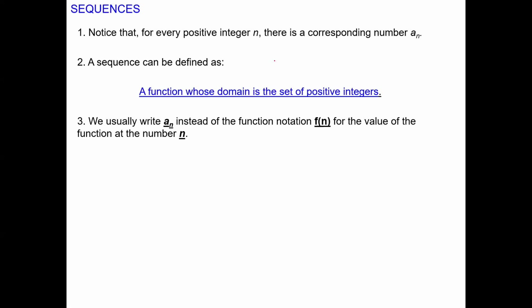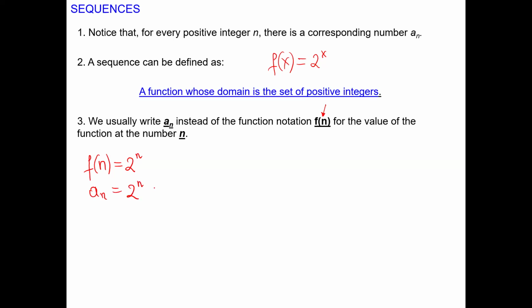When we have a function f of x, we usually have a formula, let's say 2 to the power of x. The corresponding function for the sequence is f of n equals 2 to the power of n. We are not really using the f of n description for the sequence. We will say a sub n is defined as 2 to the power of n.